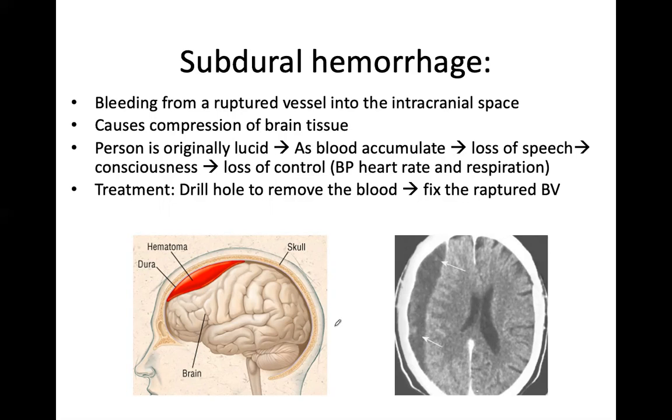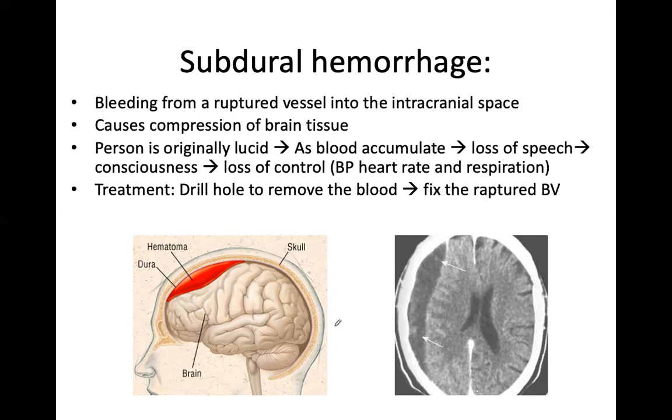Understand that when this bleeding starts to happen, there is no way for the blood to be drained. It is placed in a space where one side is the skull, which is hard, versus the soft brain tissue.